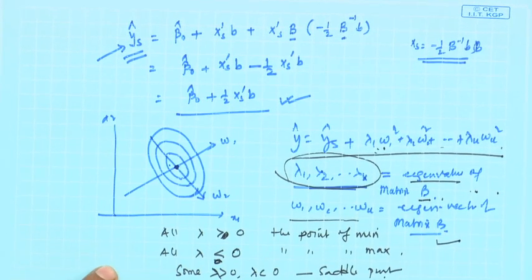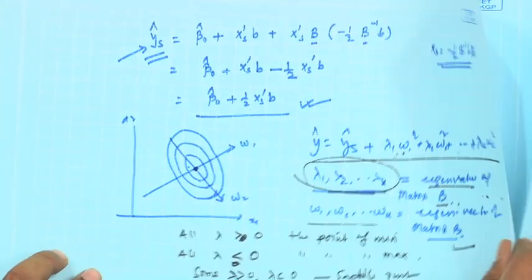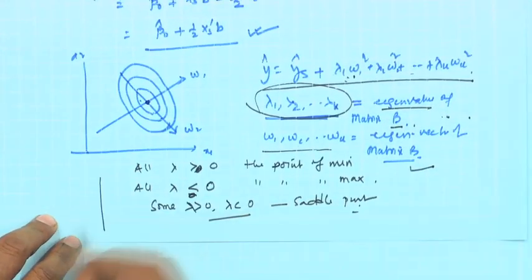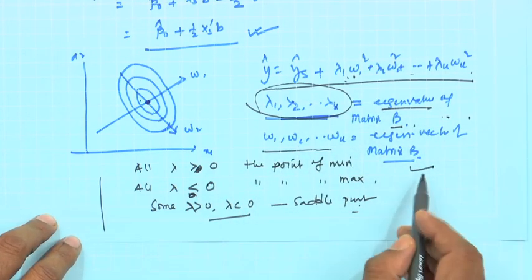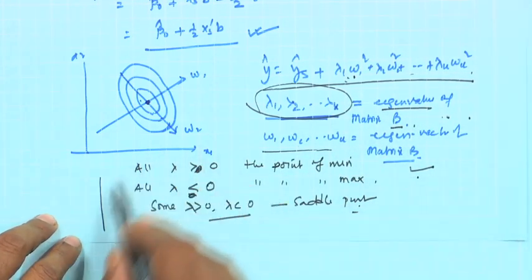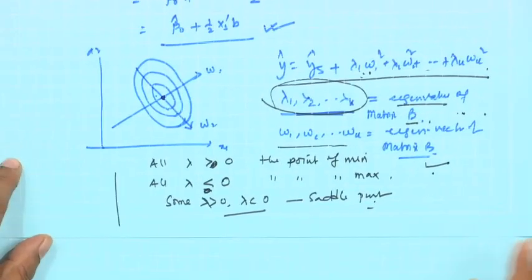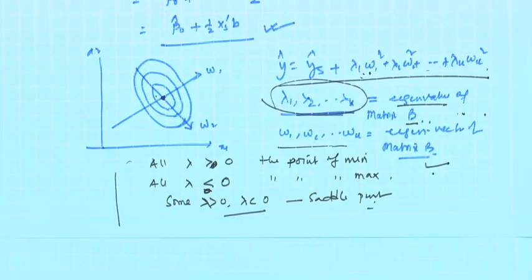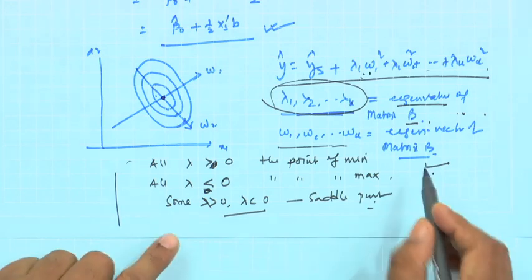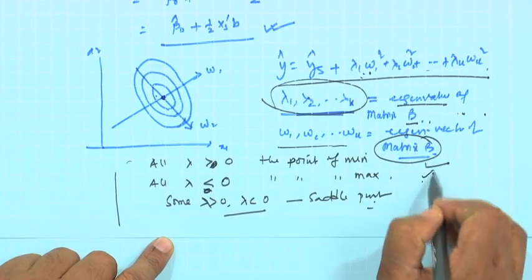So, this is a better approach than the contour plot, because you can find all the eigenvalues of B, and just by seeing the eigenvalues, very objectively, you are in a position to tell whether you have reached the maximum point or minimum point, or neither of the two. Okay. So, essentially what you require is the matrix B, and that also we have seen earlier.